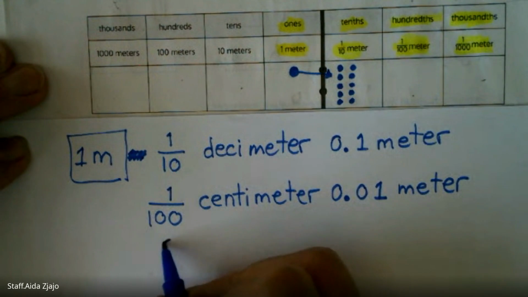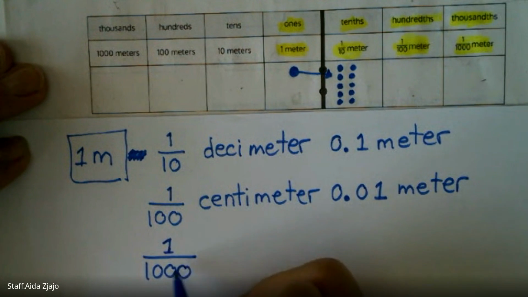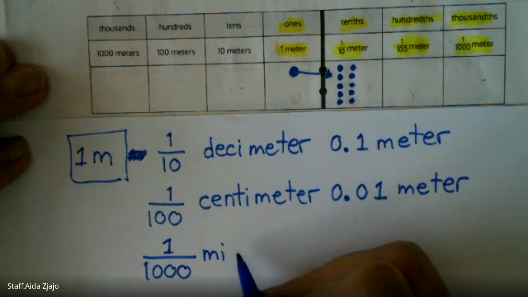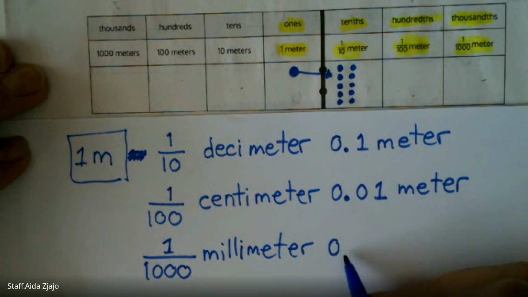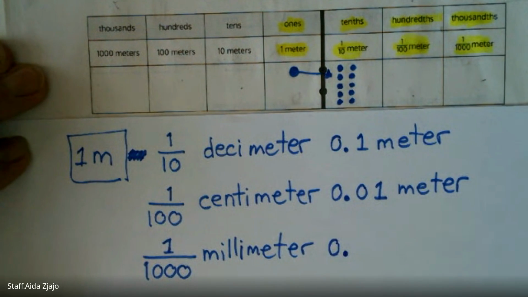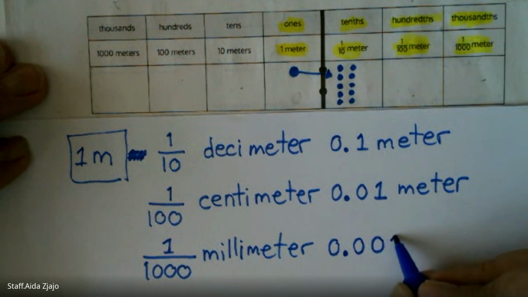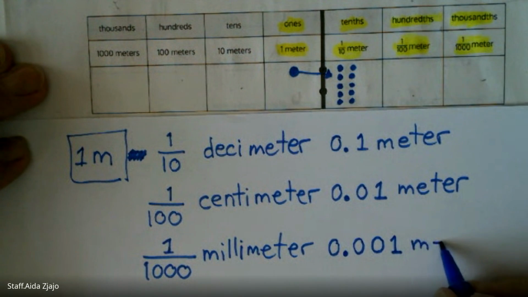So 1 out of 1,000 pieces is called a millimeter. It's 0 whole meters, 0 tenths, 0 hundredths, and only 1 piece out of 1,000 that makes a meter.